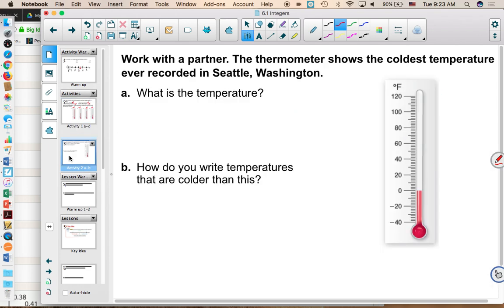Now, going back to that temperature. What is the temperature that is showing on the thermometer? Now, work with a partner. The thermometer shows the coldest temperature ever recorded in Seattle, Washington. What temperature is that?